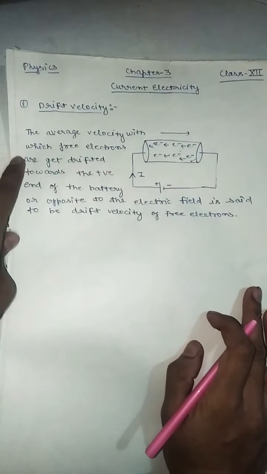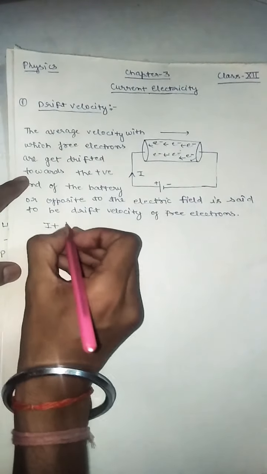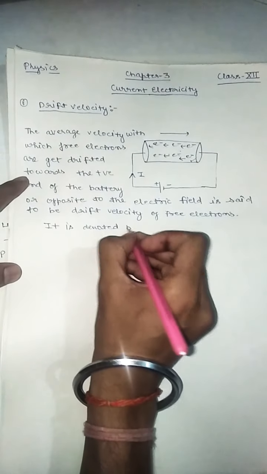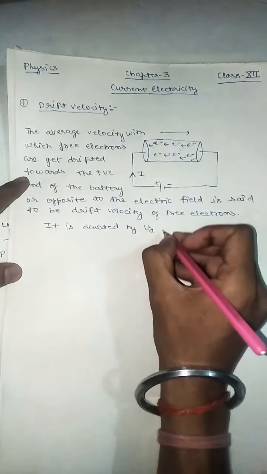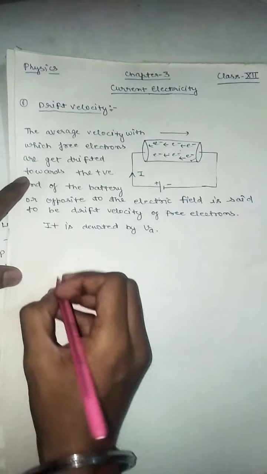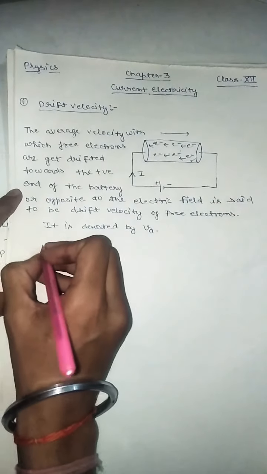So here we have discussed the drift velocity of free electrons, and it is denoted by Vd, V with suffix d. So what is the formula of this? How does it relate with other quantities?